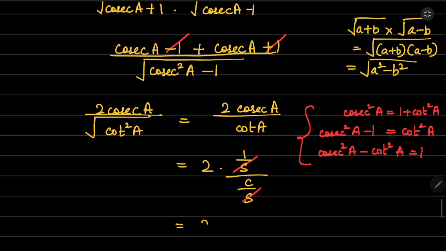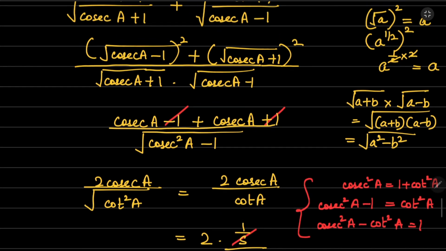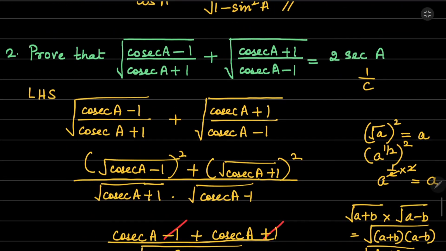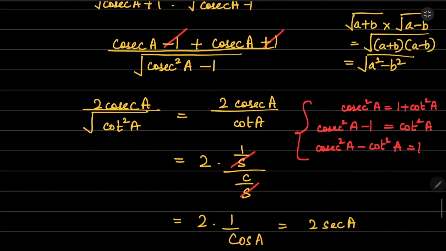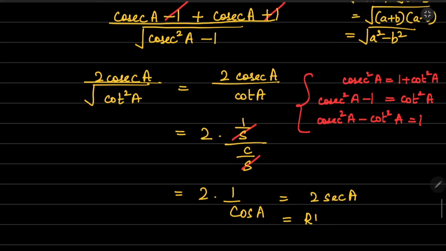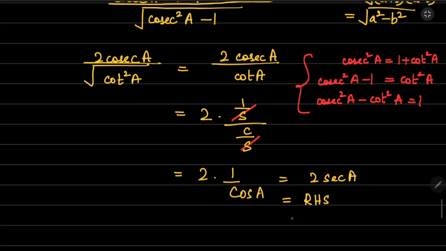What is left is just 2 multiplied by 1 by cos a, which is nothing but 2 secant a. And that is what is your RHS, 2 secant a, right? See, this is what you have to prove, 2 secant a. So therefore, you can just write LHS is equal to RHS, hence proved.